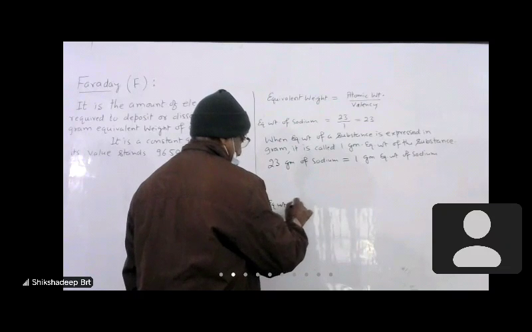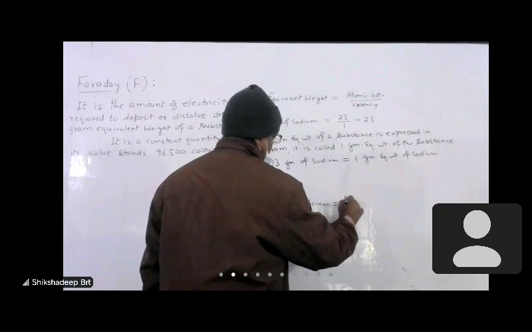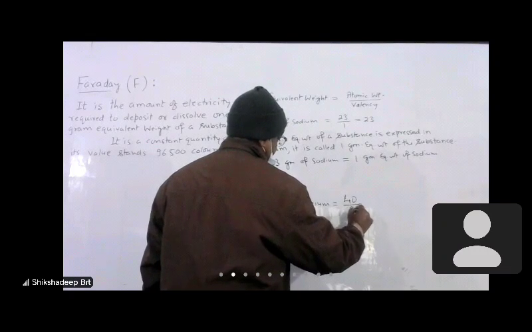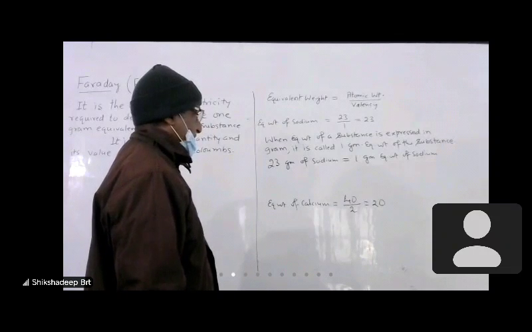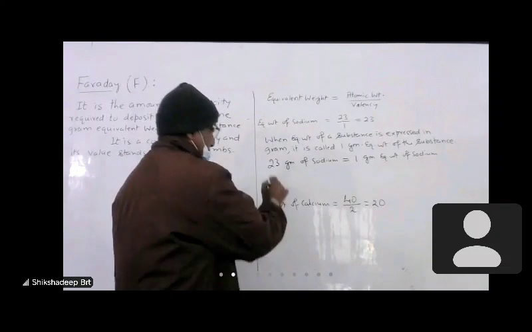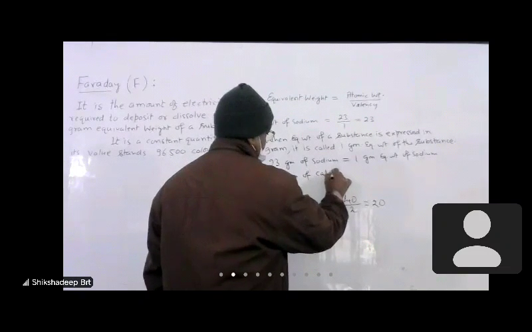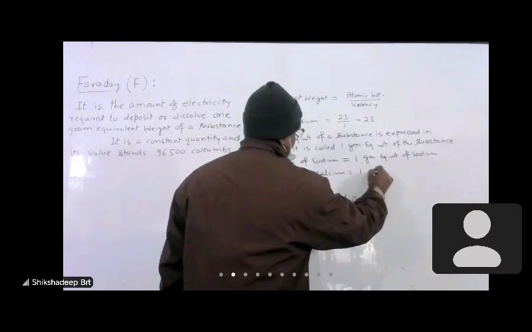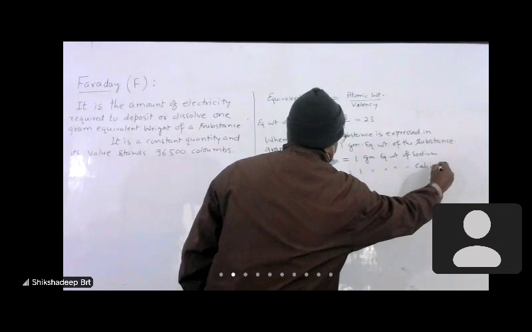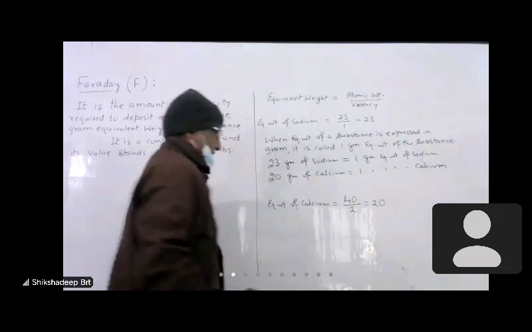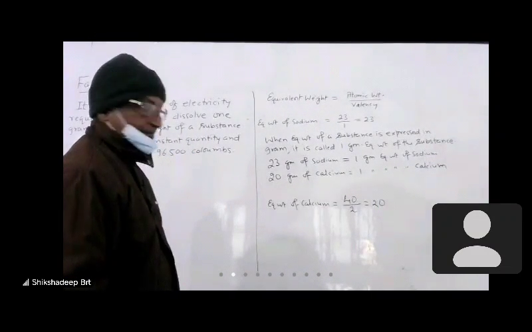Equivalent weight of calcium: its atomic weight is 40, valency 2, so it comes to 20. So 20 gram of calcium is called 1 gram equivalent weight of calcium.